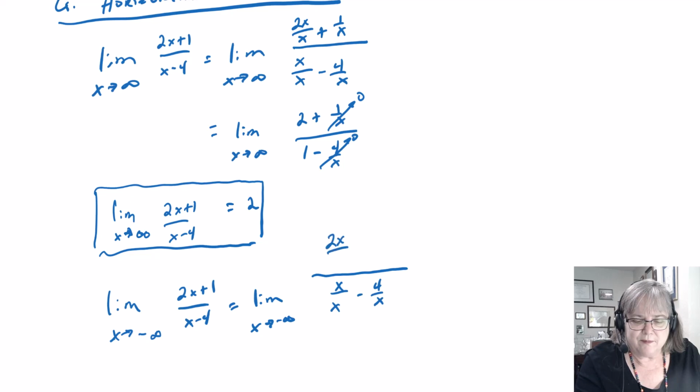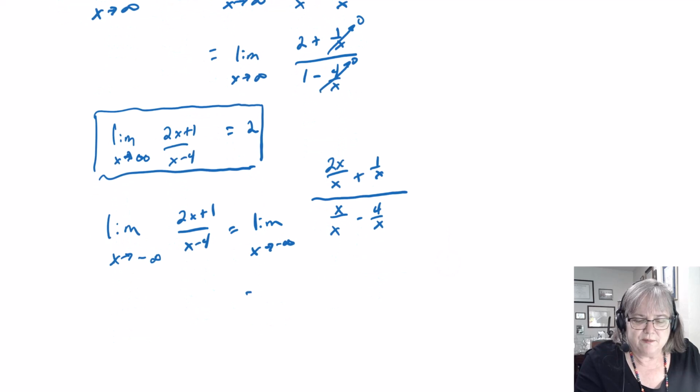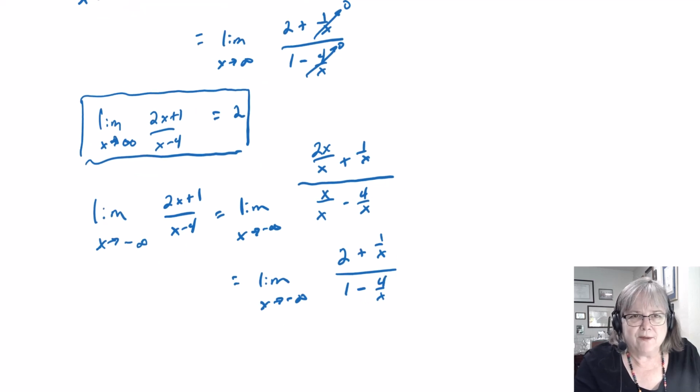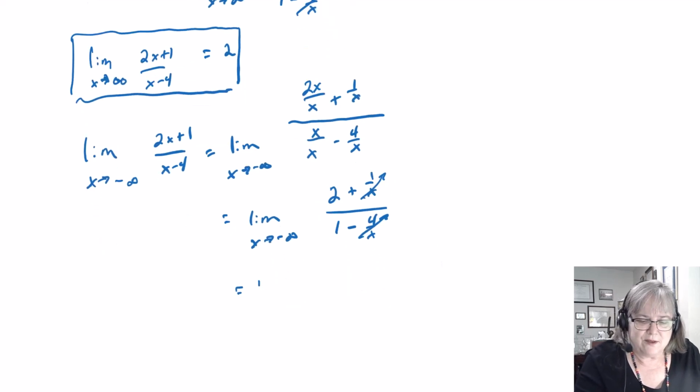Divide everybody, whether they're a variable or not. Reduce. So you have 2 plus 1 over x over 1 minus 4 over x. And even though this is going off to like negative a billion and negative 1 million, 1 divided by negative a million is still 0. So this is 2.